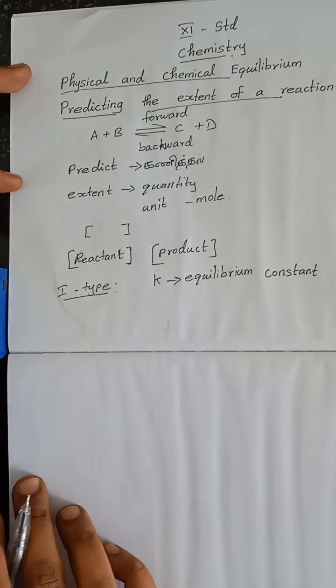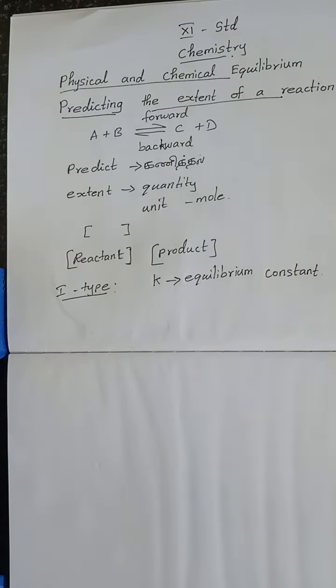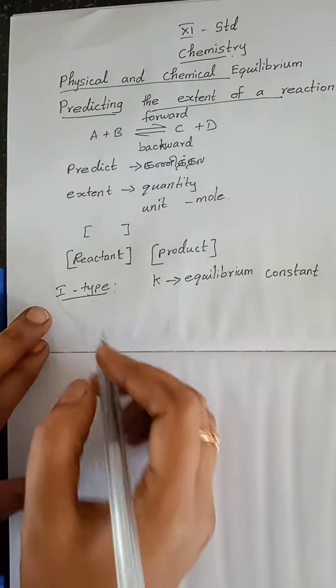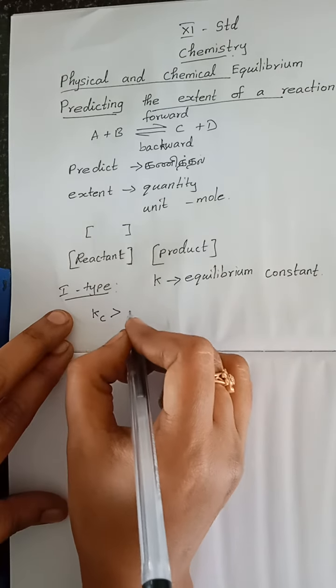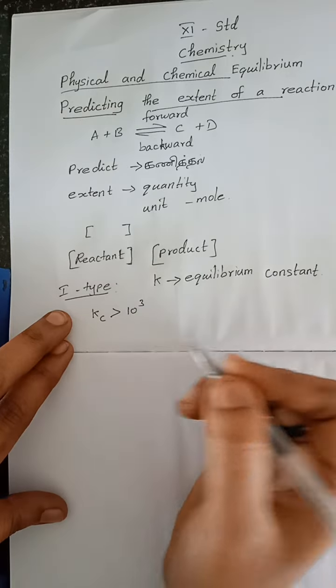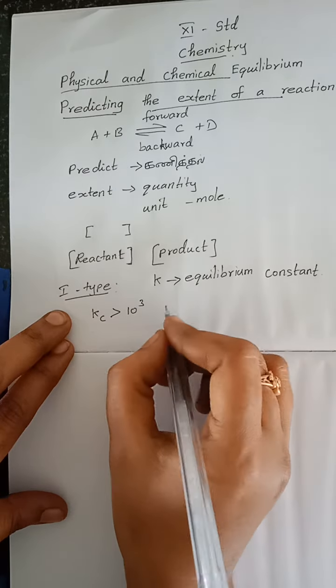In the first case, see table number 8.2 in your book, the value of Kc. In the first case, Kc is greater than 10 to the power 3. That means the forward reaction is favoured.